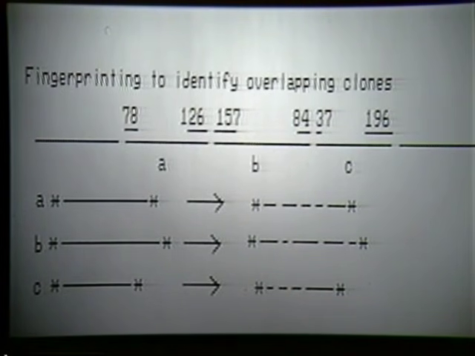And if you have two fragments of the genome that overlap, you might see that both of them produce little pieces, 84, 37, 196, and that tells you that, in fact, they're contiguous clones. And so you can piece together an overlapping library of fragments by such fingerprinting.